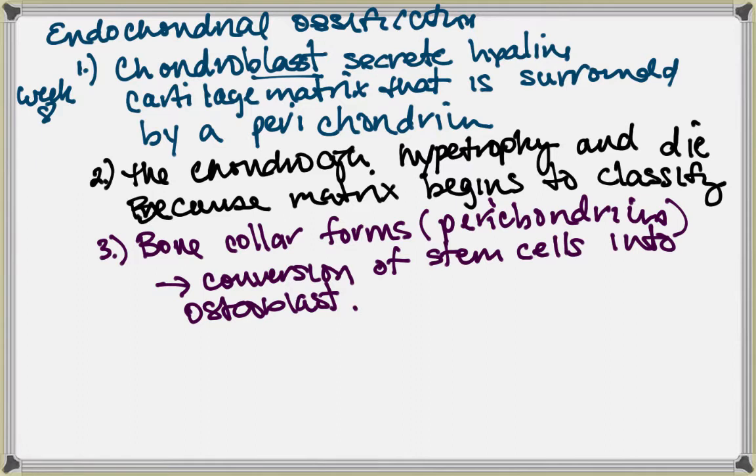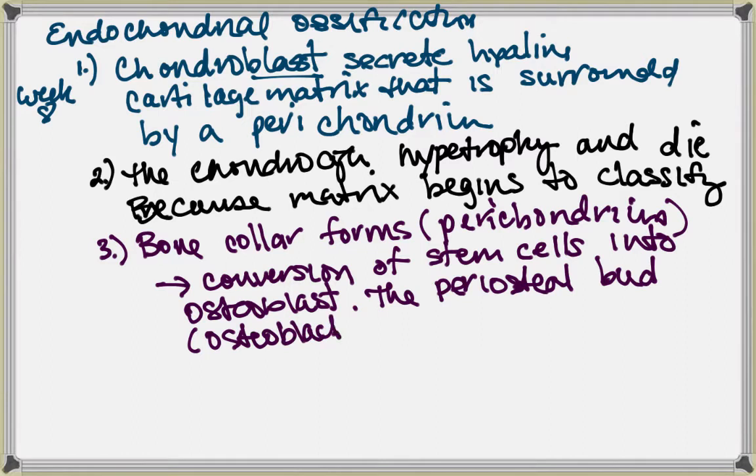Now, once this starts happening, you're going to get this periosteal bud. And basically, these are osteoblasts and blood vessels that will start to invade the center of the cartilage in the developing bone shaft. That's blood vessels, right?